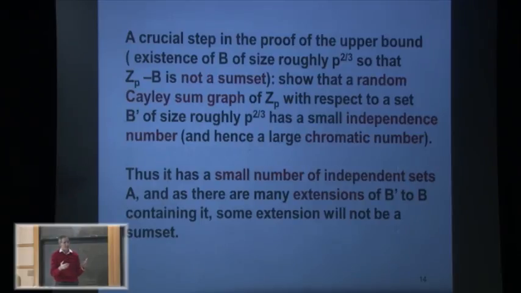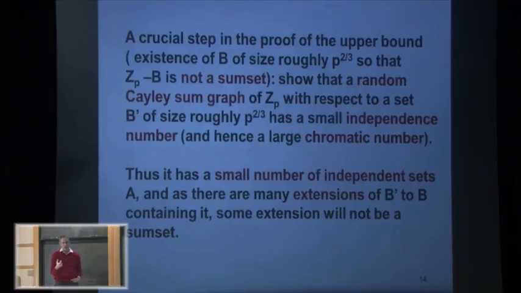Now, if this Cayley sum graph has a small independence number, which for Cayley graphs, because they are symmetric, is essentially the same as saying that they have high chromatic number, then there aren't too many small sets. So there are not too many possibilities for A so that A plus A will be disjoint from B prime, which is half of the set B that we have chosen.